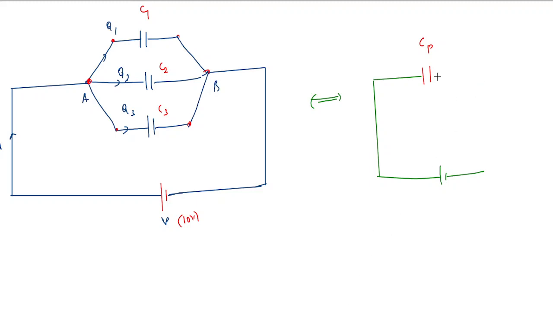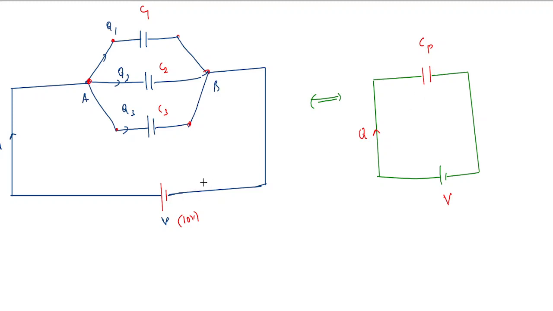So what I find here is, if the voltage drop which this provides is V, and charge Q flows across this, it means that even this capacitor will draw the same charge.